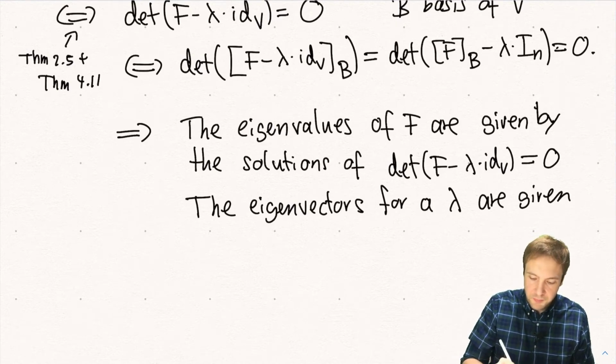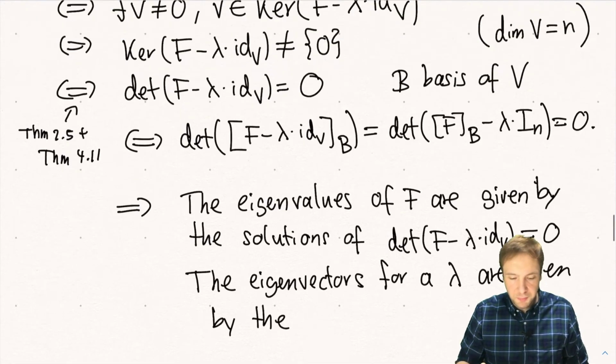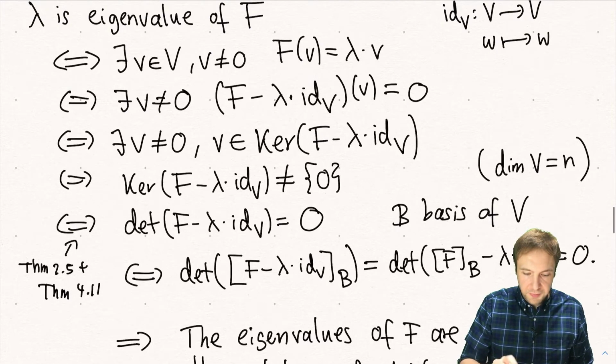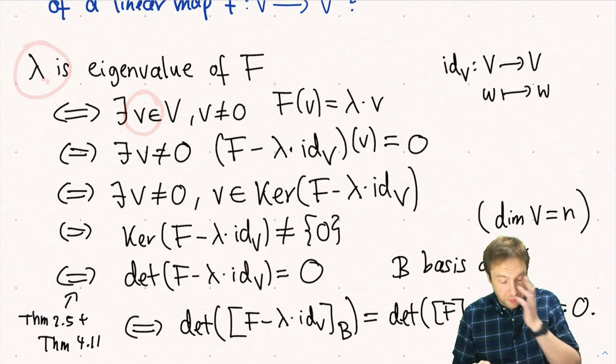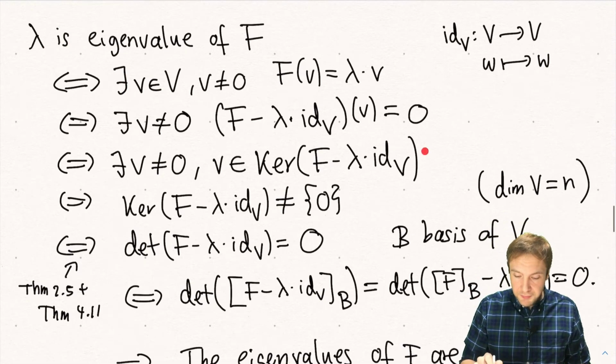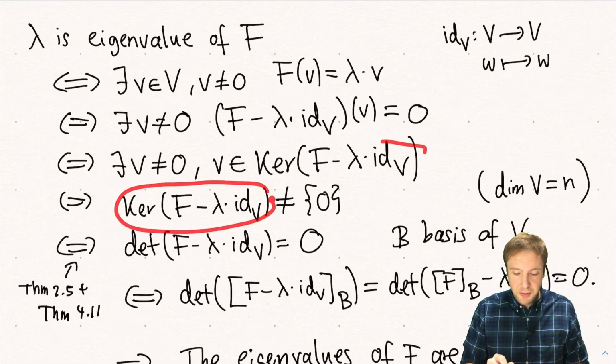are then given by the, so what are the eigenvectors in this picture here? Well, here this V is the eigenvector with respect to this eigenvalue lambda, and these are the elements in this kernel here.